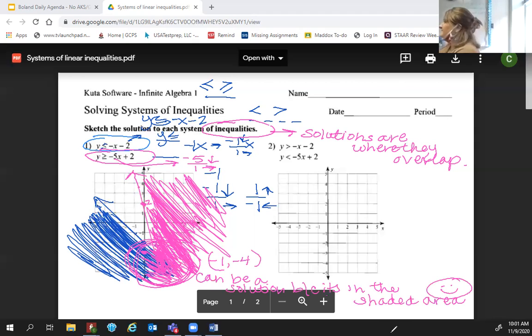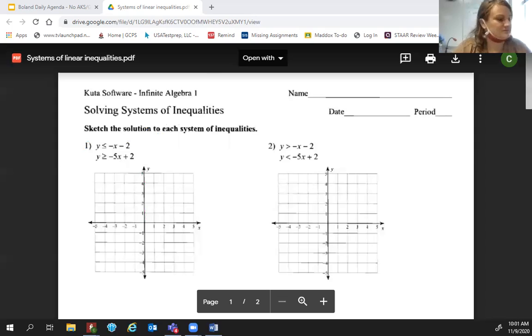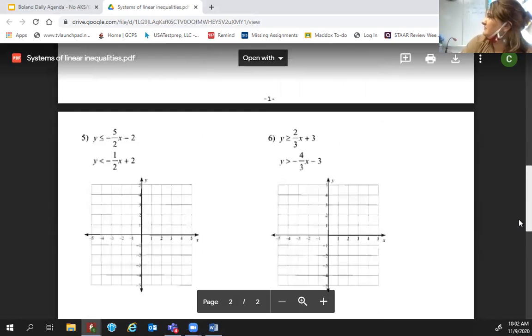Great job, guys. Now, if you will flip your sheet over, I'd like to go over some of the more challenging questions, which includes number 6. So as I'm scrolling down, I'm going to go to number 6.